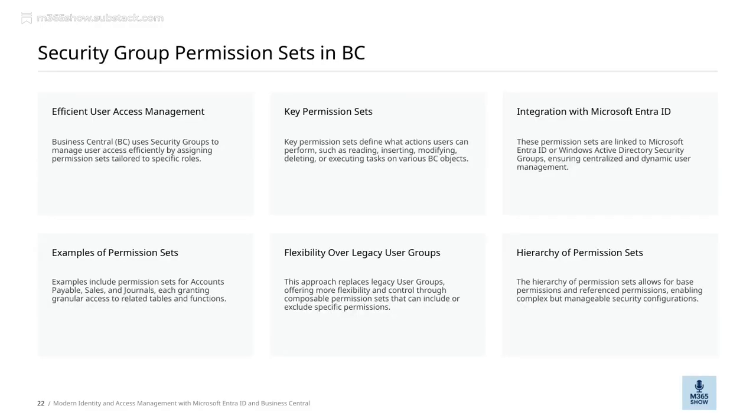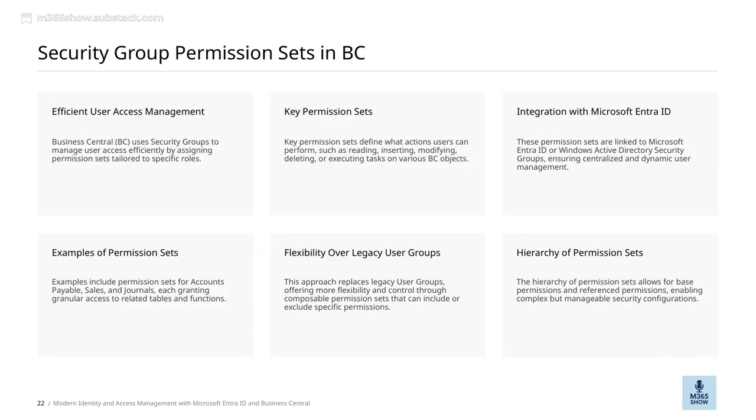Let's take a closer look at the hierarchy of permission sets in Business Central. This structure allows us to define base permissions and referenced permissions, which together enable complex yet manageable security configurations. Essentially, it replaces the older legacy user group system, offering much more flexibility. With composable permission sets, we can include or exclude specific permissions to tailor access precisely to what users need.